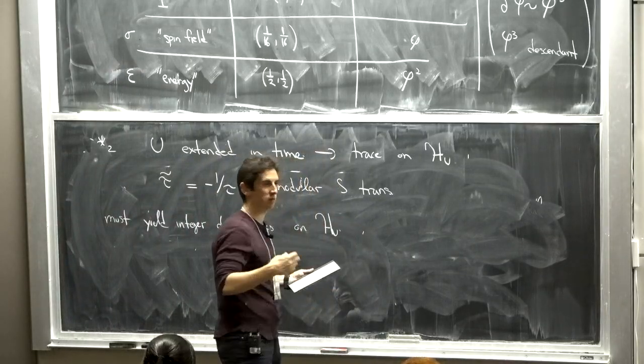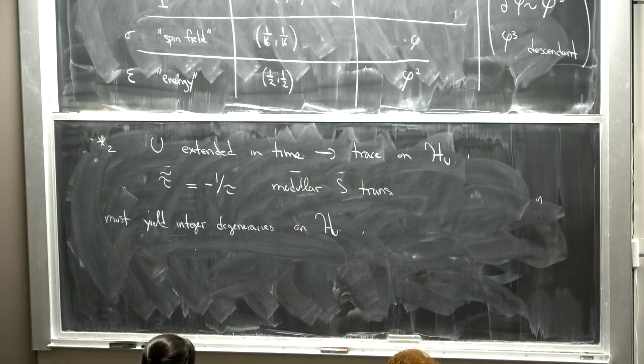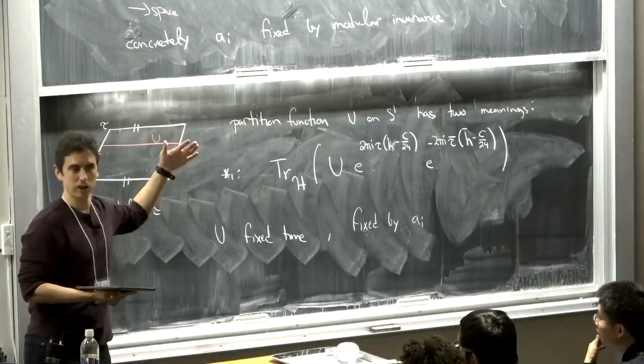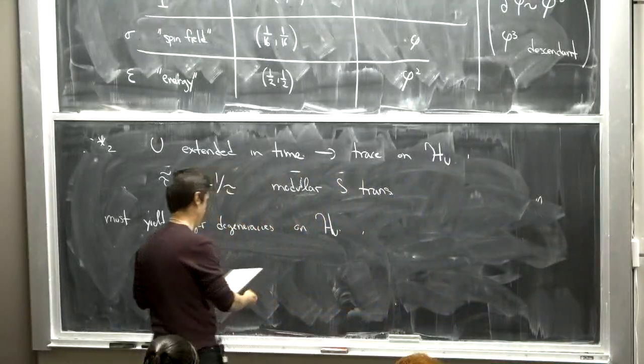That requires some kind of miracle. If you think about what this function is, it's going to be some complicated modular form. I'm going to do a transformation on it, and I want to re-expand it and get, again, an integer expansion in the dual variable. That's some kind of miracle. And indeed, it is kind of a miracle that it works for any AIs.